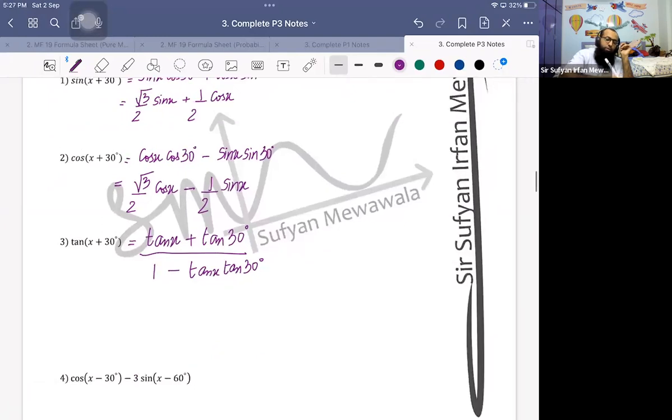Because the fraction is involved, the simplification takes more time. So what we can do is divide it into two fractions, numerator divided by denominator, which might make it more convenient for us.